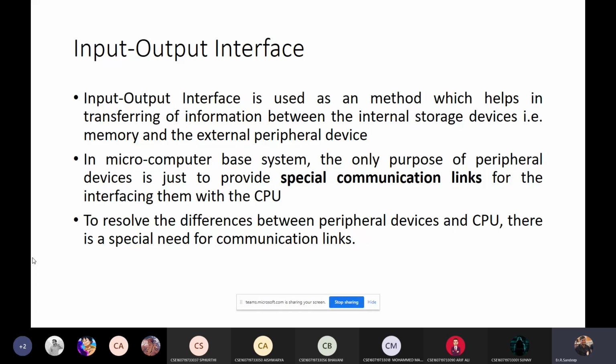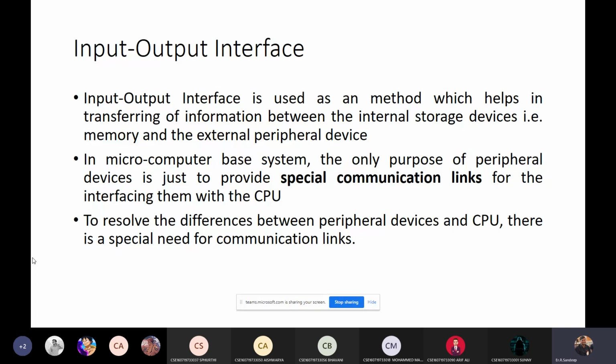Those are the external devices, and the internal devices are on board. The microprocessor will transfer the data to those devices, whether it is a memory location or a register. Just remember, memory location and register both serve as internal storage devices. Even a register is called an internal storage device. And for external storage devices, we have many things.